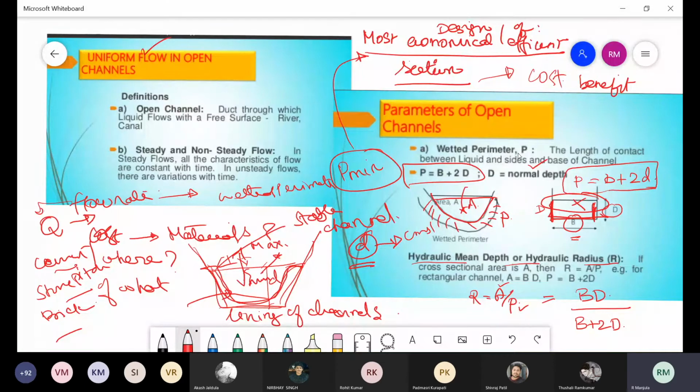Is it clear? So this is going to be your hydraulic mean depth or hydraulic mean radius. This is another parameter. So one parameter is your wetted perimeter. Second parameter is your hydraulic mean depth or hydraulic mean radius of the channel, R. Is it clear?